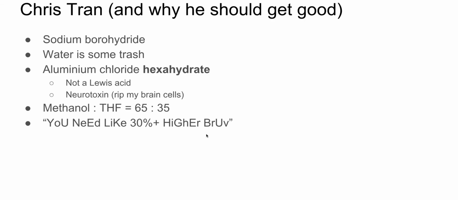And okay, another thing he says, fake news. He's like, the stuff you buy at grocery stores is like 2% hydrogen peroxide. You need like 30% or higher, higher if possible.